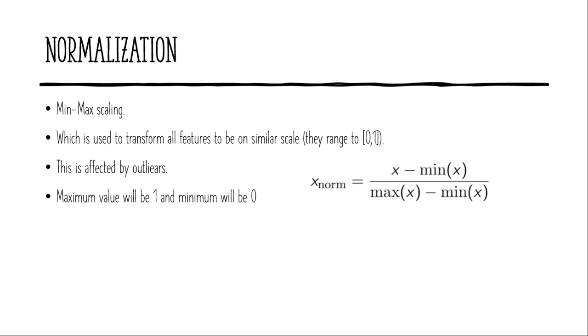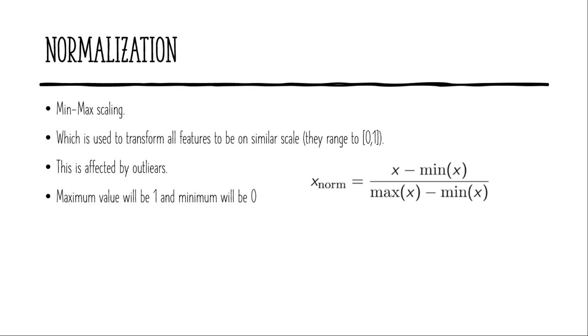In minimax scaling, what we will be doing is considering the minimum value and the maximum value, and for every value we will subtract the minimum value and divide it by maximum minus minimum value. So this is the equation we will be using to scale our features, and if we apply this, all the values will range between 0 and 1.